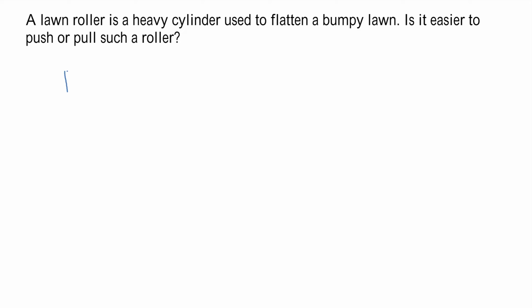So we have two scenarios, right? We got a push and a pull. And this is F sub R, right? If I do a free body diagram for the push, I'll have the weight down, the normal force up. I'm going to push, so I'll have the push directed to the right, but also down because I'm pushing on this roller.